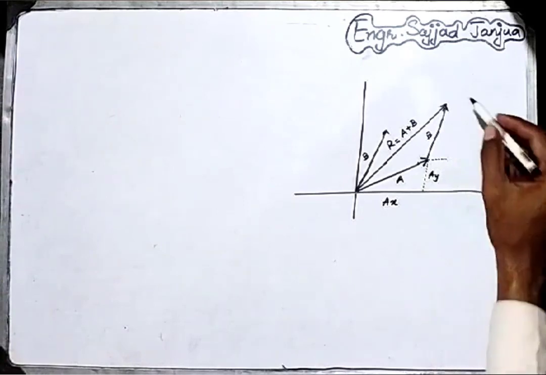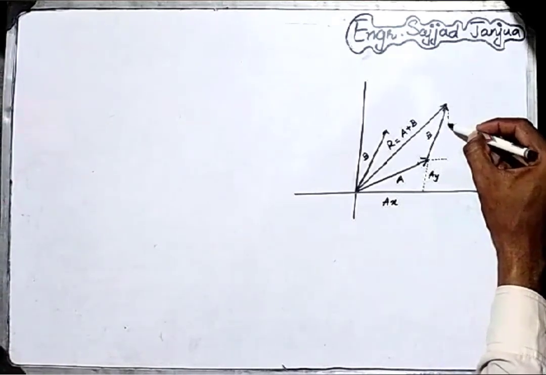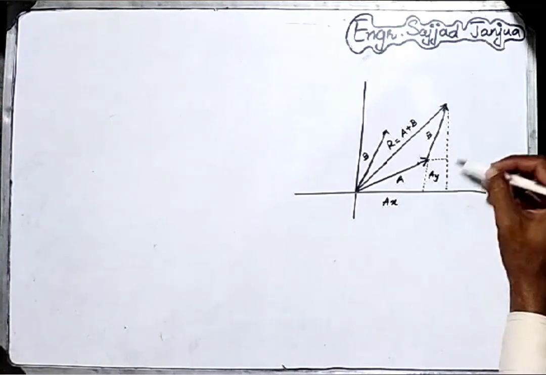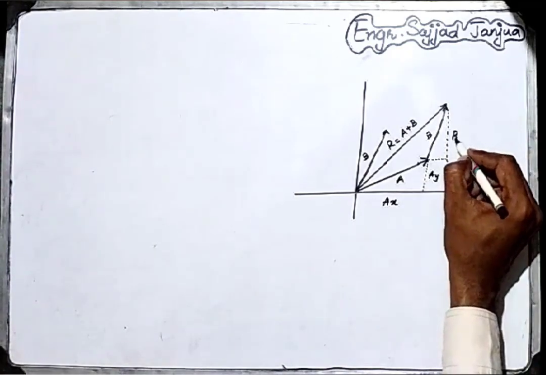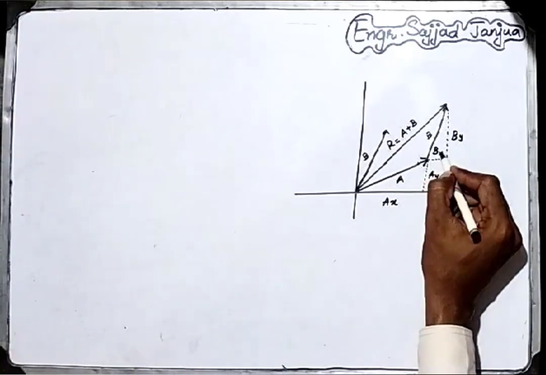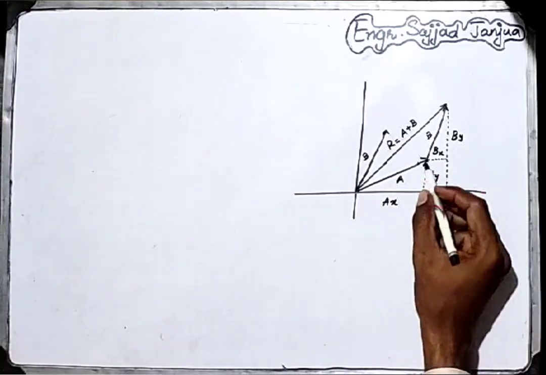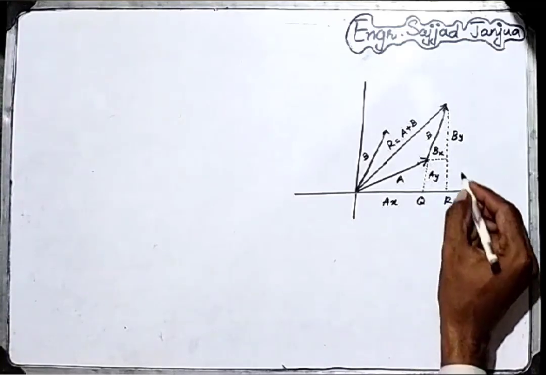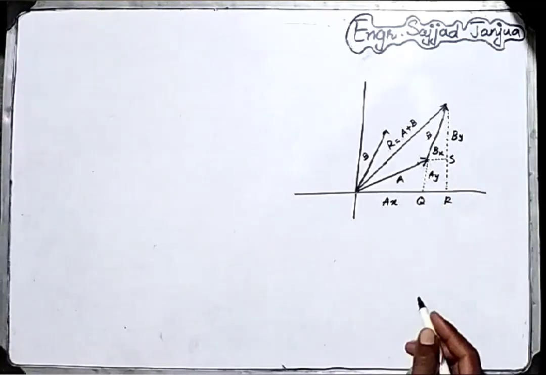Now we will draw the vertical and horizontal components of vector B. This is vertical component By and this is horizontal component Bx. We will name these meeting points as Q, R or S.